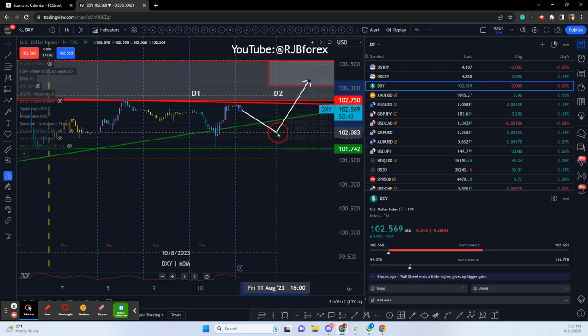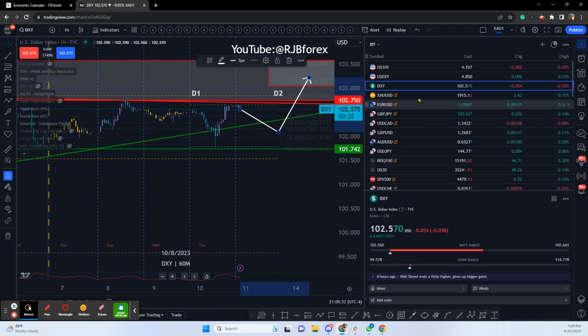So no idea what the price action is going to be, the ebbs and flow of the markets, but looking to short versus the US dollar up high or down low, depending on the cross, whether it's inverse or not.